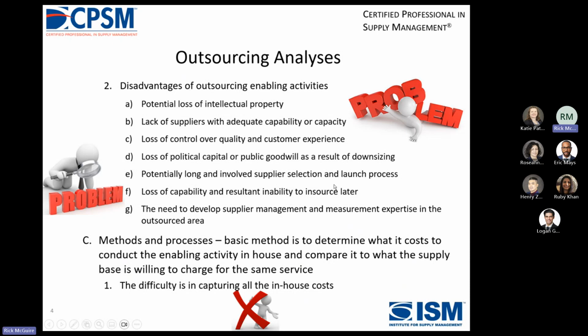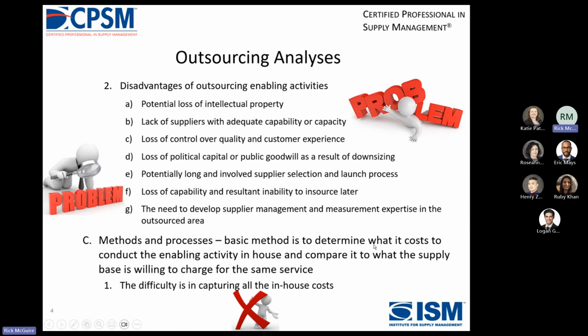Potentially long and involved supplier selection. Loss of capability and resultant inability to insource later. If you've outsourced for a number of years, you've kind of lost the knowledge on how to build a certain component. And then you develop supplier management and measurement expertise in the outsource area. A lot of companies are not very good at that.